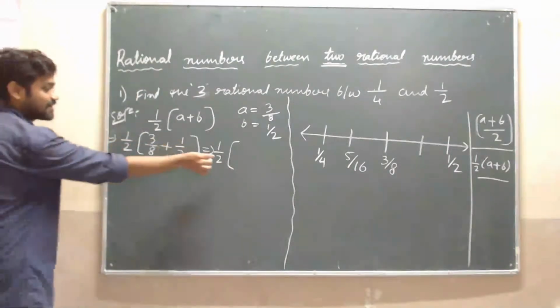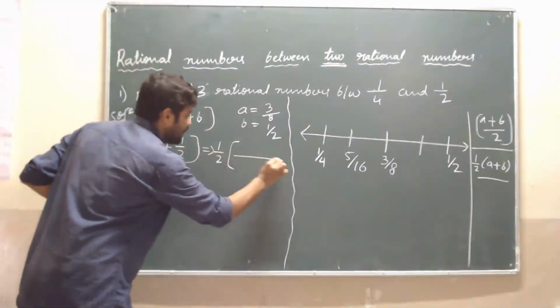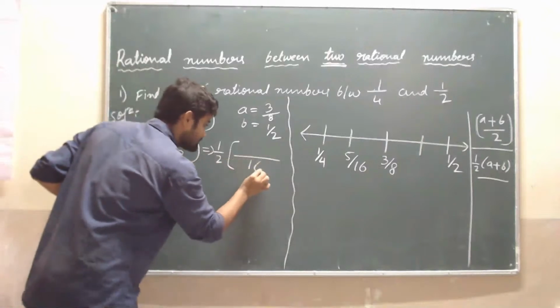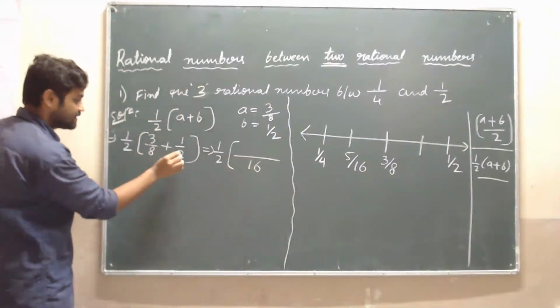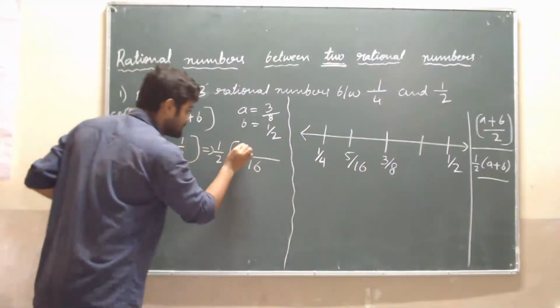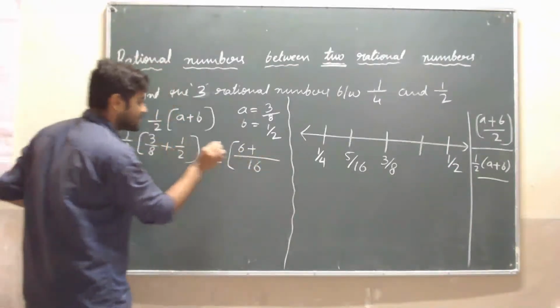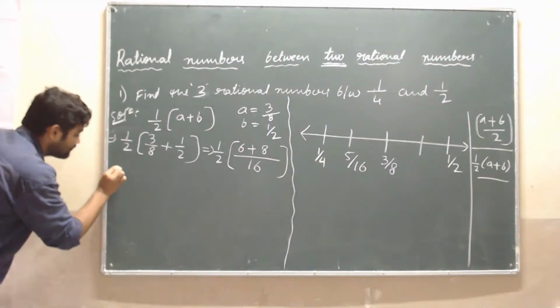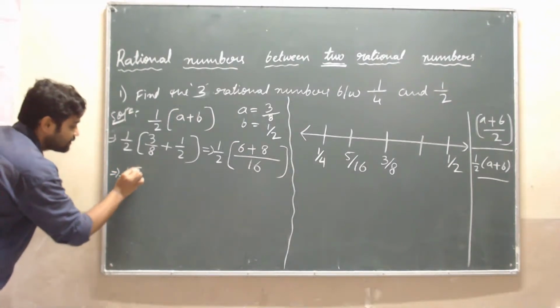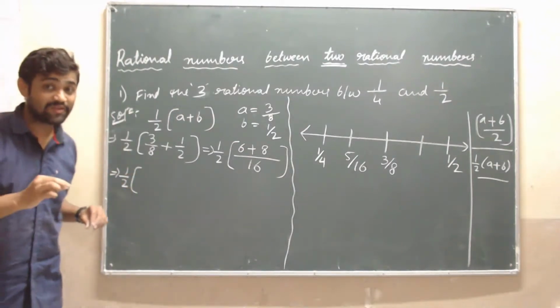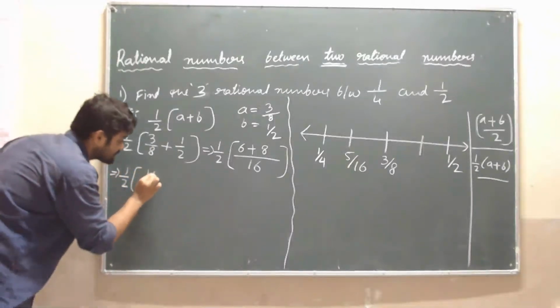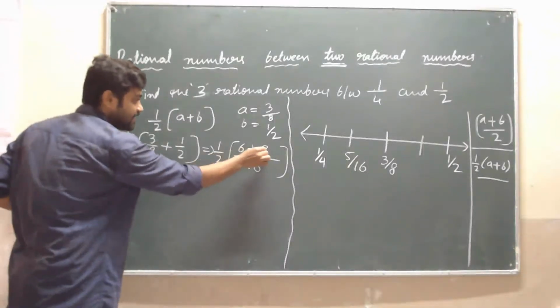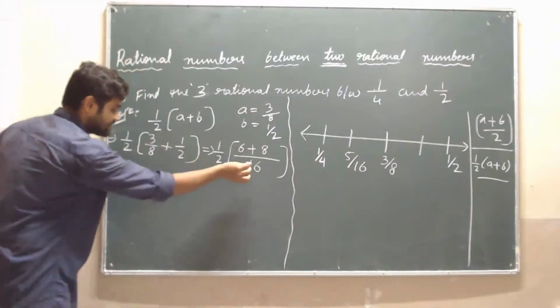As it is, 1 by 2 is here, and 8 2s are 16. Then cross multiply: 2 3s are 6 plus 8 1s are 8. Then again we have 1 by 2. 8 plus 6 is 14, and 16 is here.